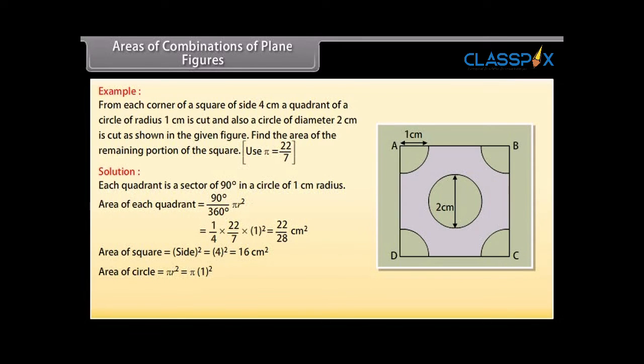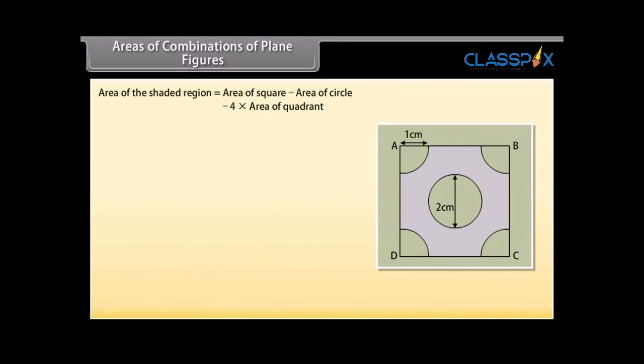Area of circle is equal to pi r square equals pi into 1 square, which is equal to 22/7 centimeters square. Area of the shaded region is equal to area of square minus area of circle minus 4 into area of quadrant. Now by substitution and calculation of the values, we get area of the shaded region as 68/7 centimeters square.